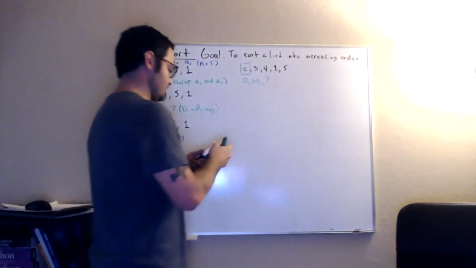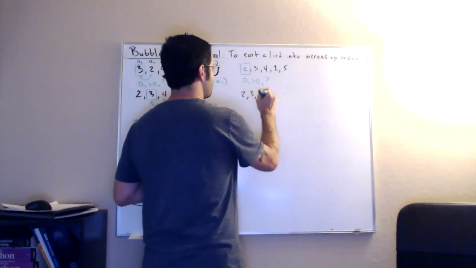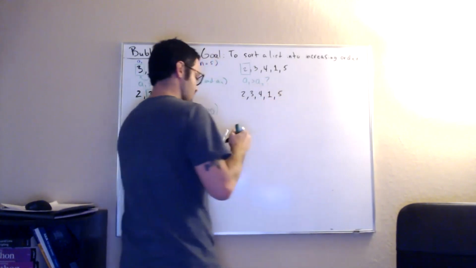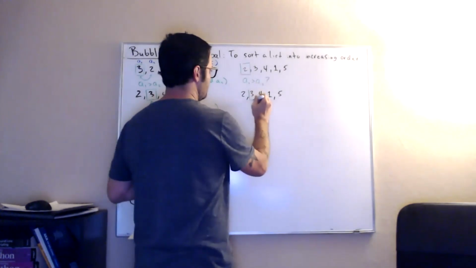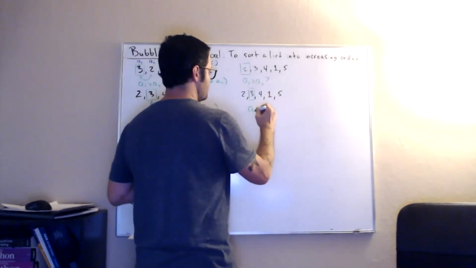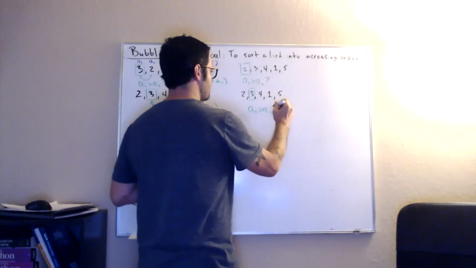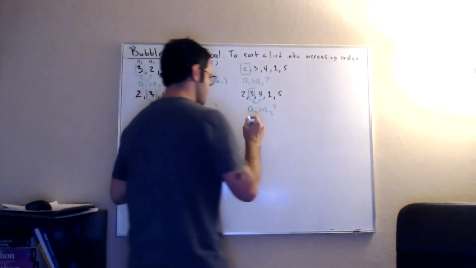It's not, so we do nothing. So we move forward again. So now we compare A2, is that greater than A3? It's not, so we do nothing.